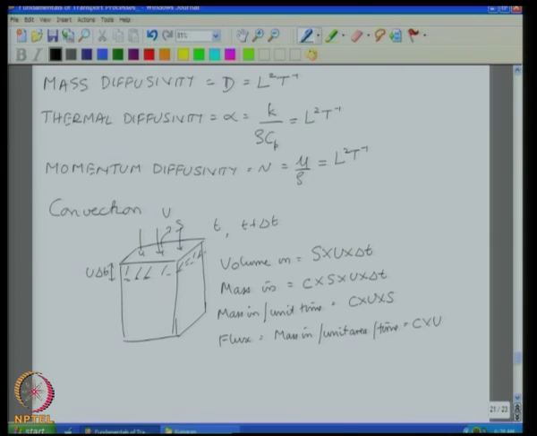Flux of energy is equal to the energy density, the energy per unit volume, into velocity. Flux of momentum is the momentum density, that is the momentum per unit volume, into velocity.